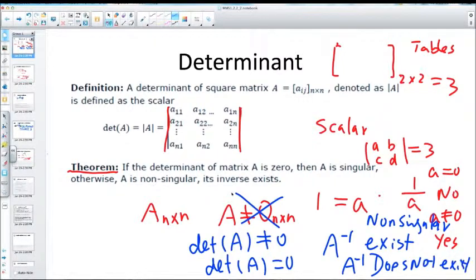What do you call it? Singular. That's the connection. So when you deal with a matrix, you calculate the determinant first. If the determinant is not 0, you go ahead and find the inverse.